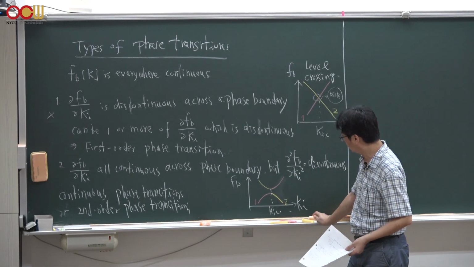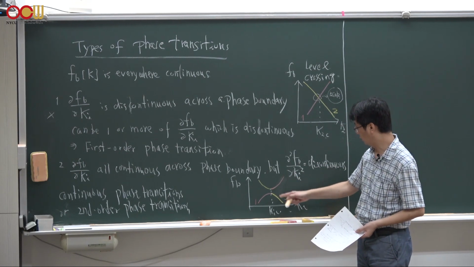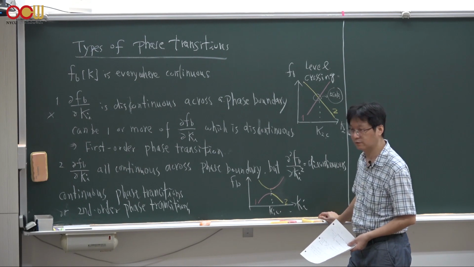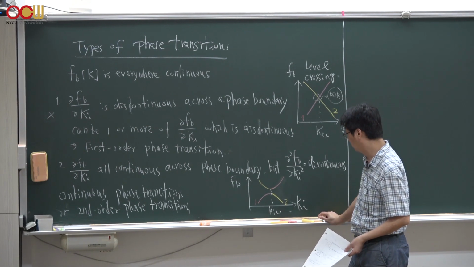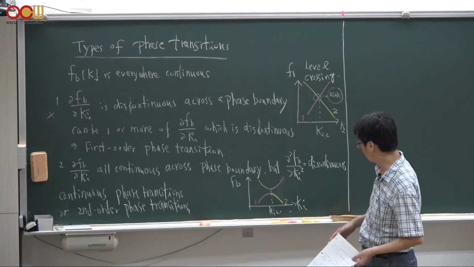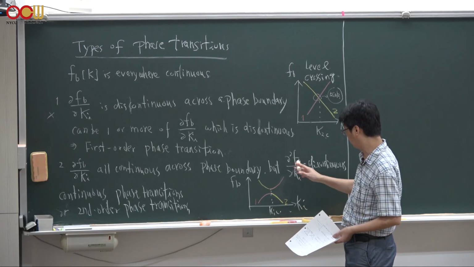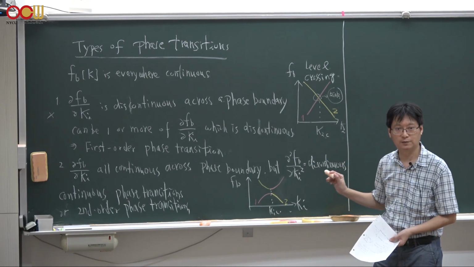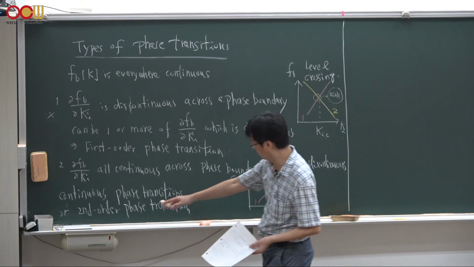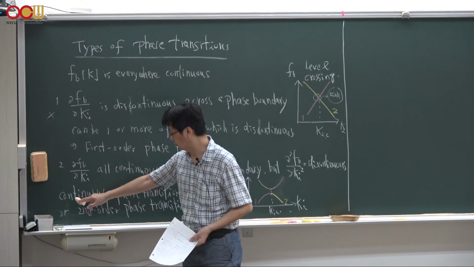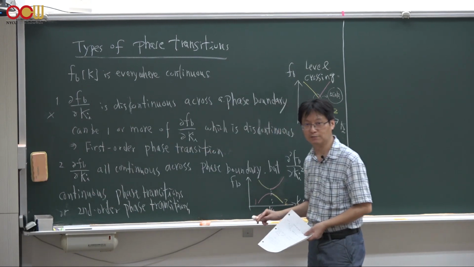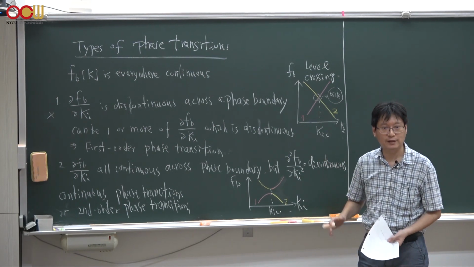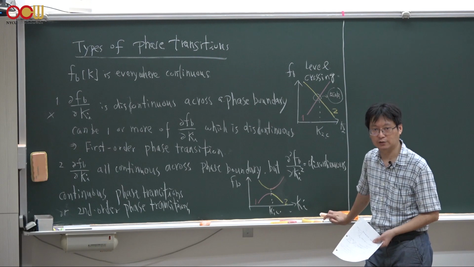But you can see that if you take the second derivative of the free energy with respect to this coupling constant, you can find these two parabola curves, and one is concave and another is convex. So it gives rise to different positive and negative values of the second derivative of the free energy with respect to the coupling constant, and therefore there's a jump at the second order derivative level. So sometimes it's called the second order phase transition, or more rigorously we should call this continuous phase transition, because in many cases this jump does not occur, but divergence, singular behaviors may occur when you take the second order derivative of the free energy with respect to the coupling constant.